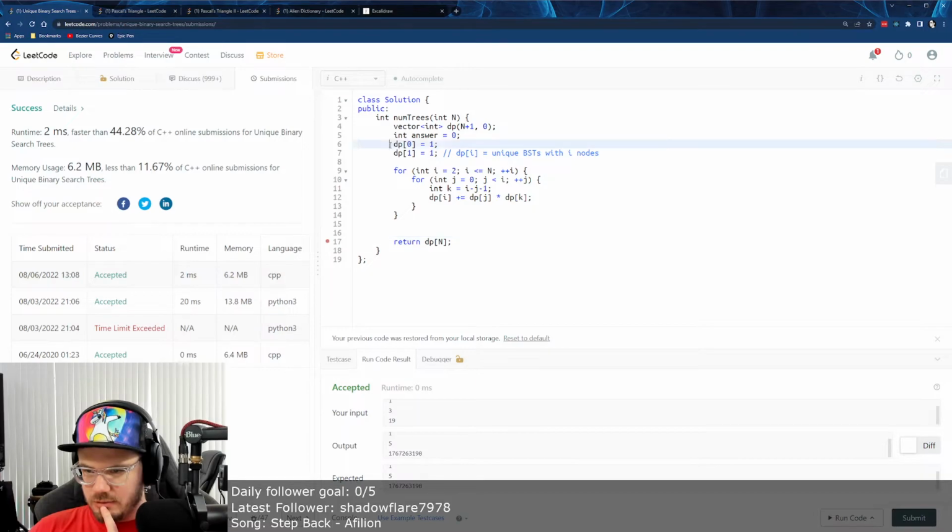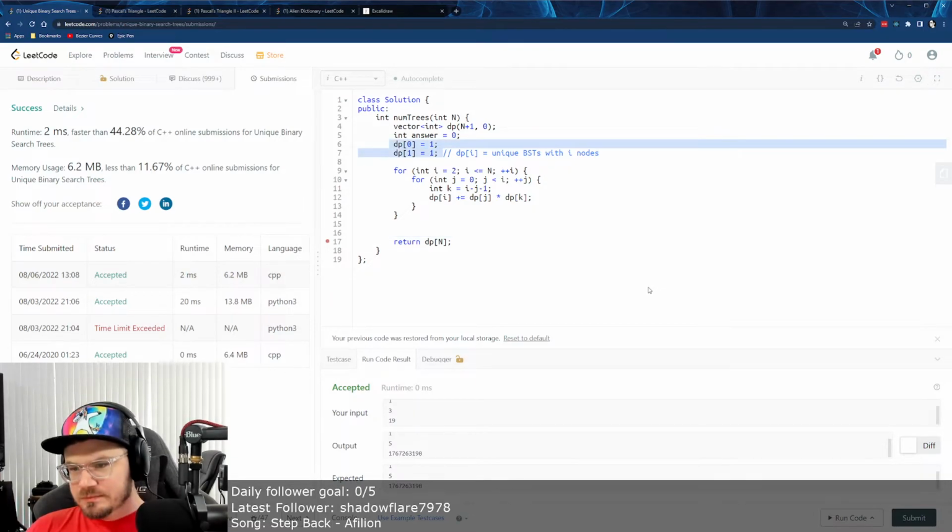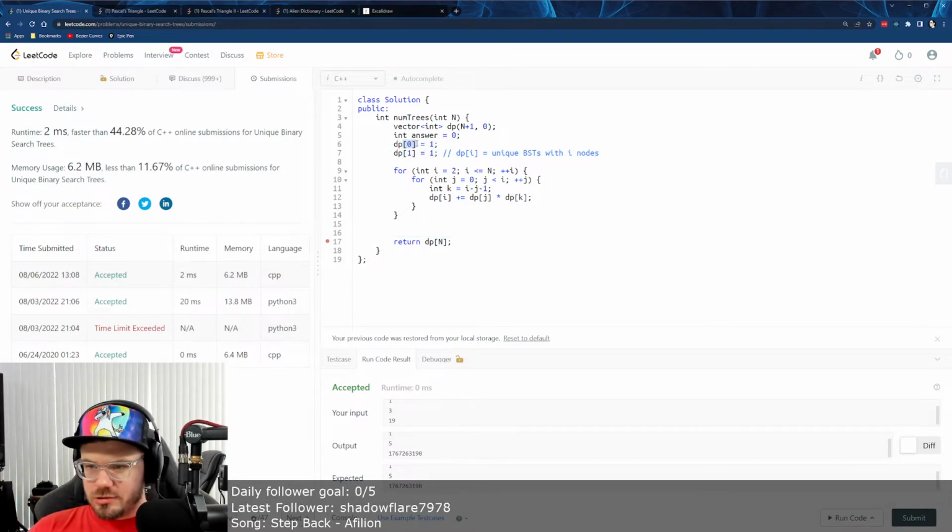So you have a couple of base cases. The number of binary search trees with 0 nodes is 1. The number of binary search trees with 1 node is 1. And then you can just start off at 2, and you can go up to n. And then for each new node, J iterates through the number of nodes in the subtree on the left.